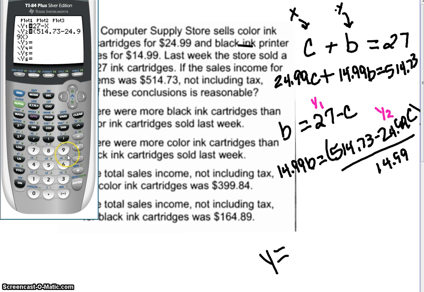Anytime you've got one at y1 and y2, you end up going second calc 5. So second calc 5, give it a minute to draw. Enter, enter, enter. And if it gives you this error, it means it can't see it. So go to zoom, number 3 for zoom out, enter.